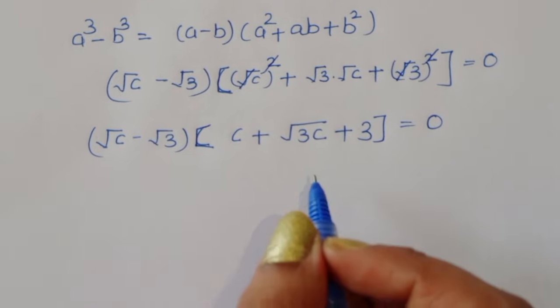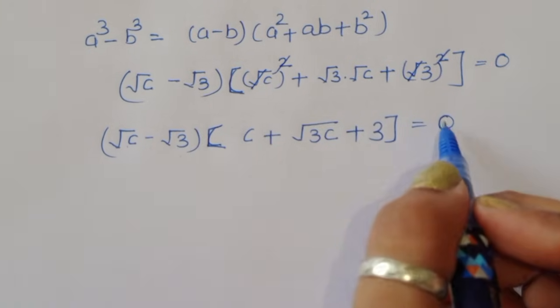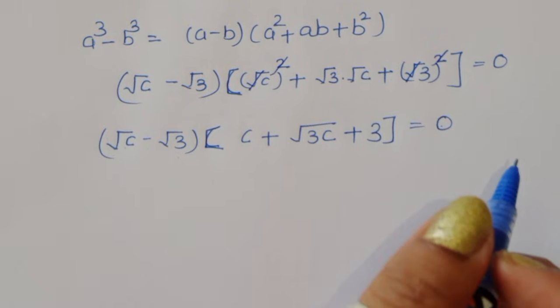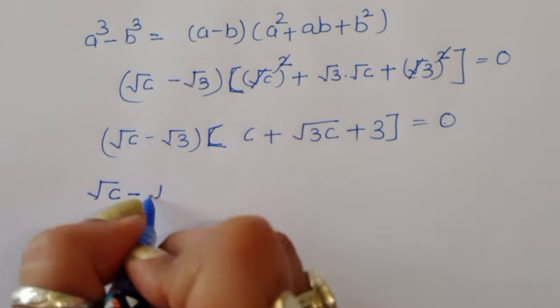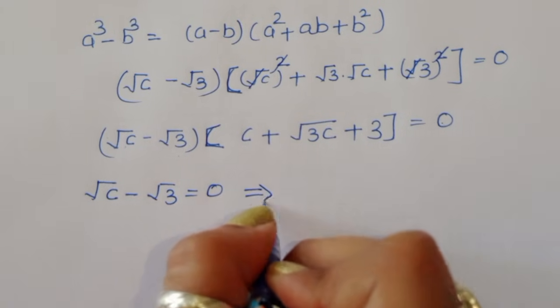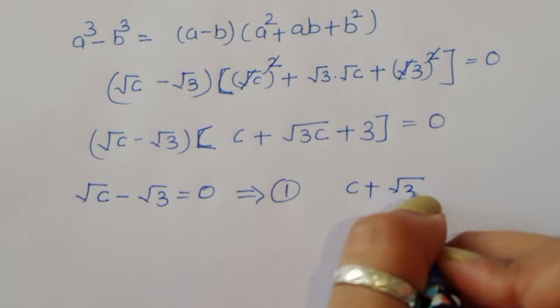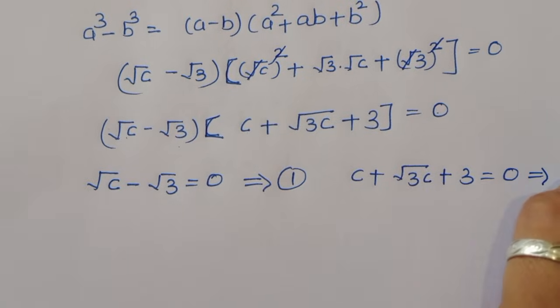Now we got two equations: square root of c minus square root of 3 equal to 0, and c plus square root of 3c plus 3 is equal to 0. This is equation 1, and the next one is equation number 2.